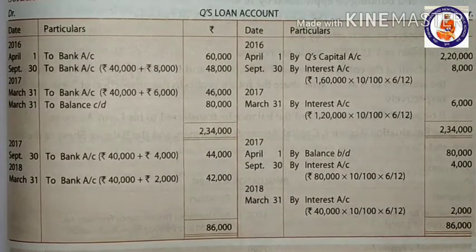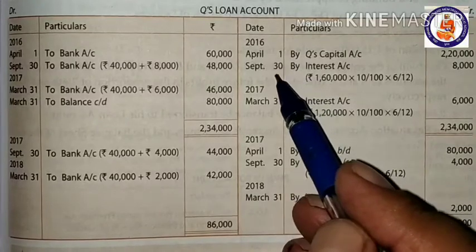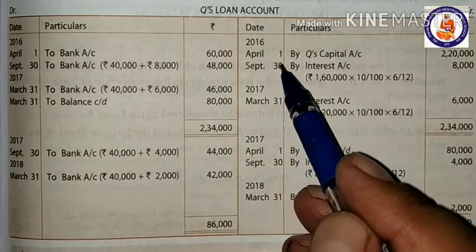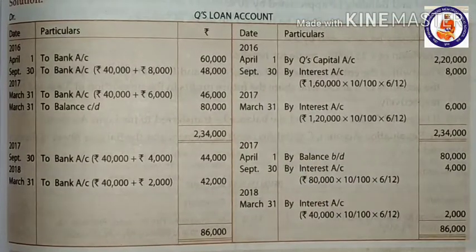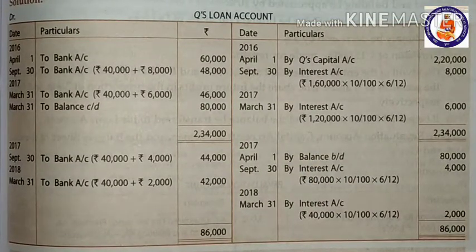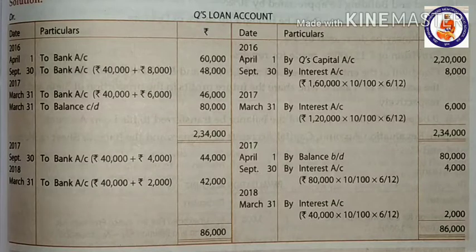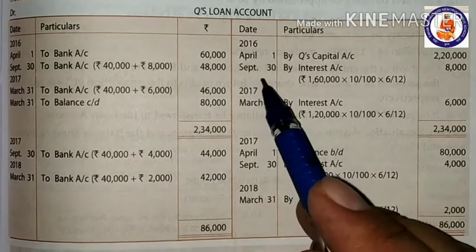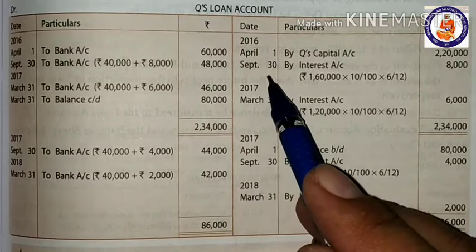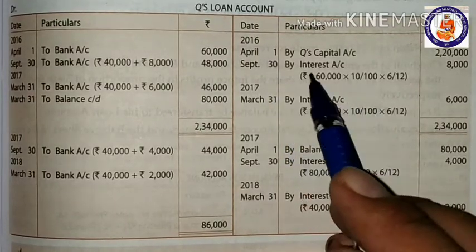From April 1st, 6 months fall on September: April, May, June, July, August, September. On September 30th, 6 months are completed, and we will charge the interest on this day.